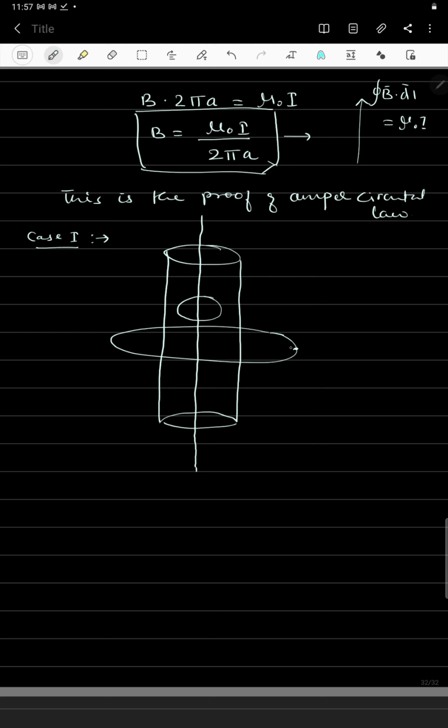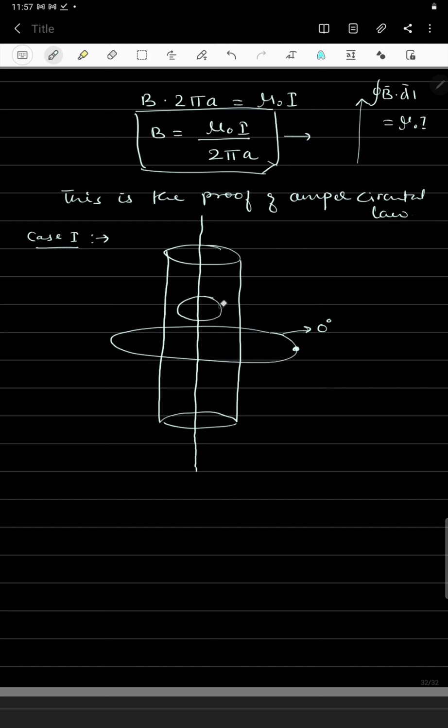This is the magnetic field point, and over it we draw an Ampere's loop, and both are parallel to each other. It means the angle between the magnetic field and the Ampere loop element dl is 0 degrees. We have already explained this above.